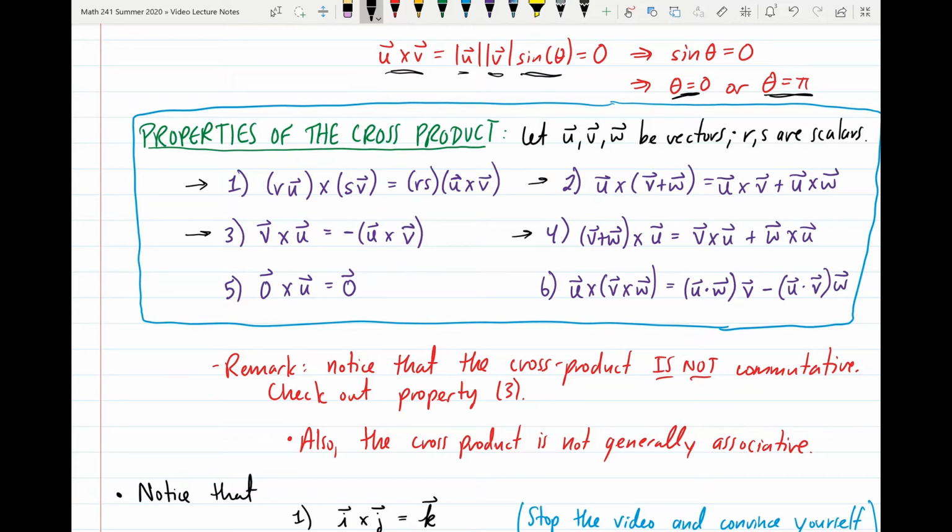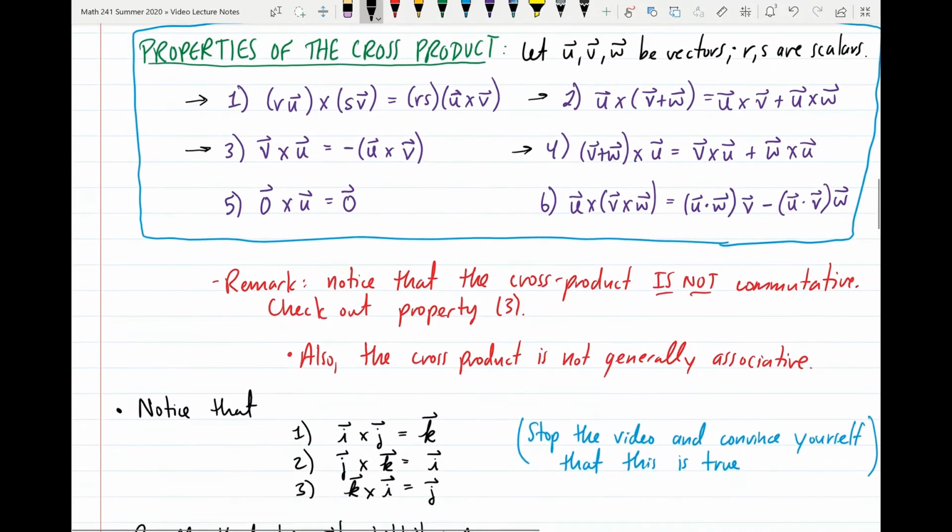In fact, v cross u is equal to negative u cross v. That corresponds with the fact that when we switch the orientation of our vectors u and v in that diagram from before, we ended up with a cross product that pointed in the opposite direction. So again, the cross product is not commutative.